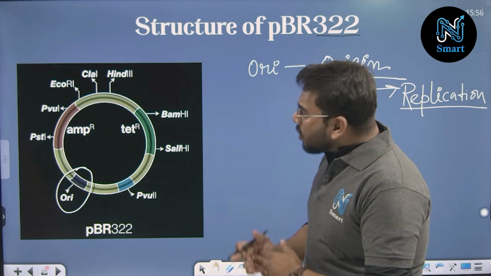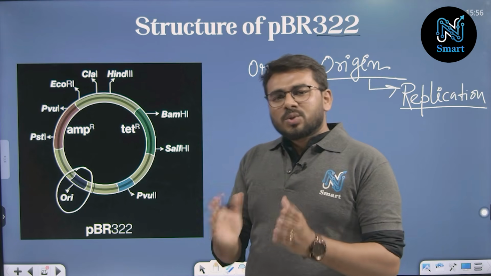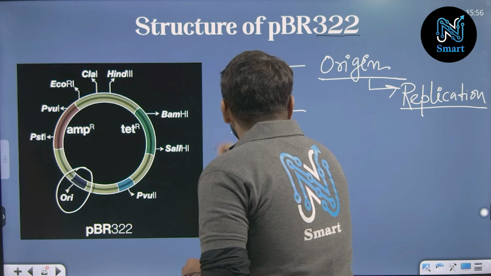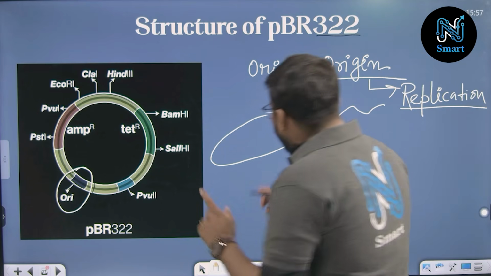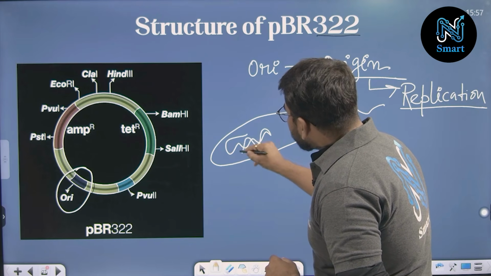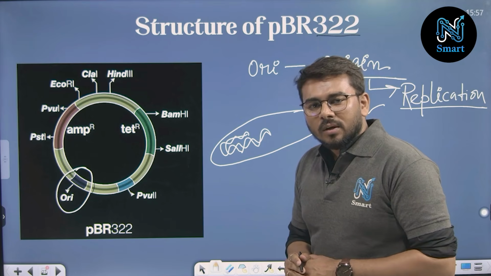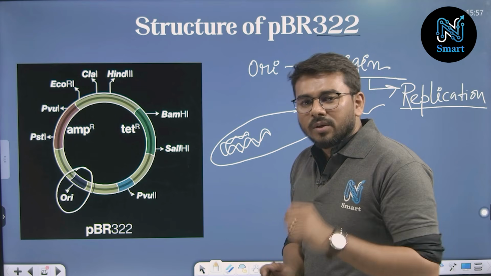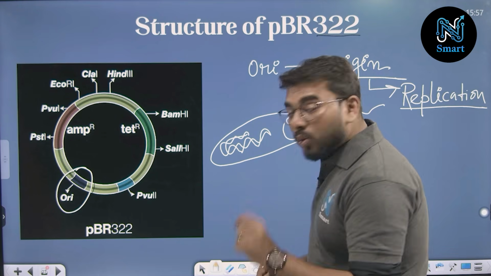And we all know what PBR basically is. If we consider a bacterium like Escherichia coli, or E. coli, that E. coli bacterium consists of a double-stranded DNA that we call nucleoid, the main genetic material, and along with that there is a circular DNA too.